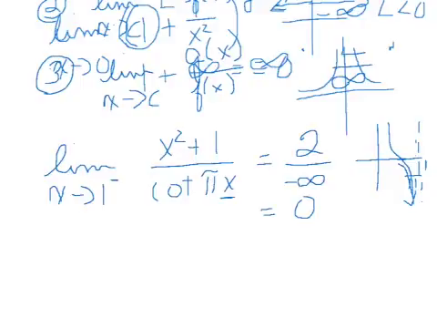Right, let's look at one more. The limit as x approaches 0 from the right of 3 times the cotangent of x.